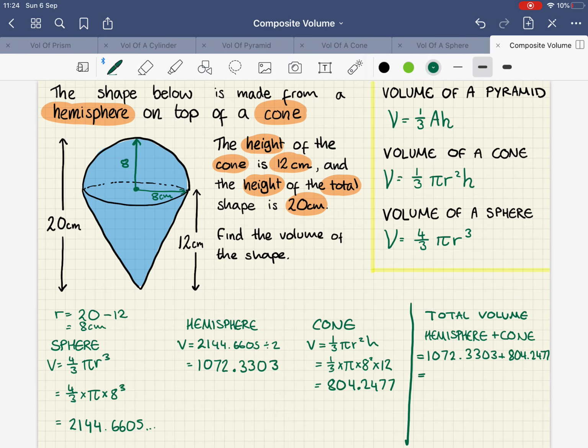So I just add it on, and that gives me a final answer of 1,876.58 centimeters cubed.